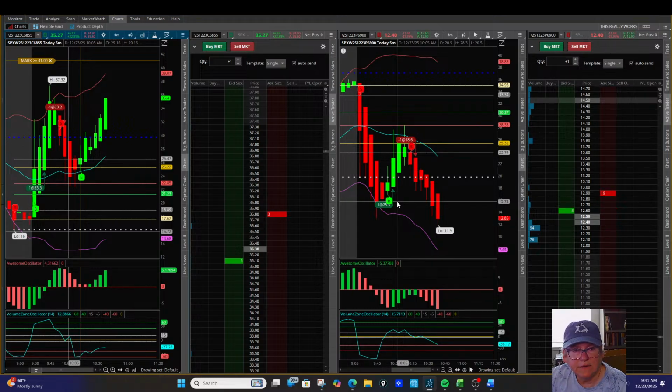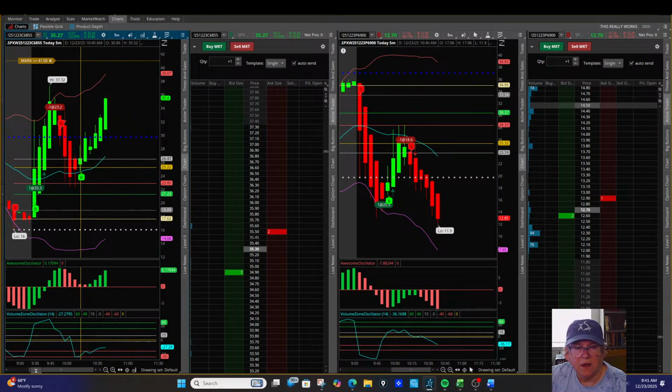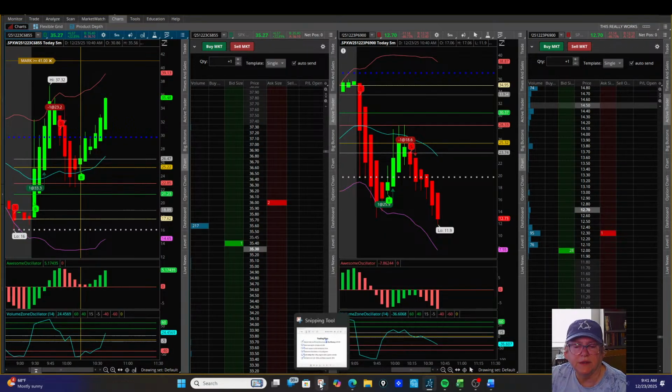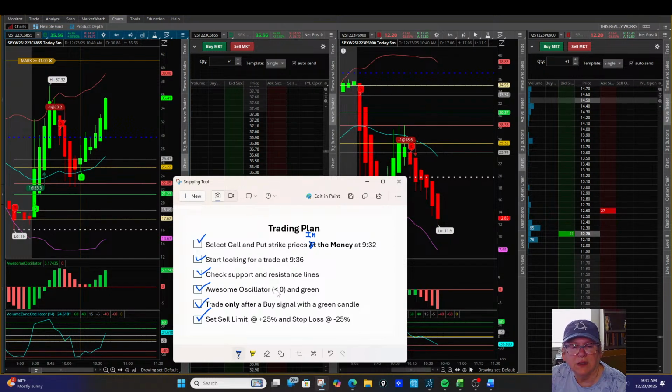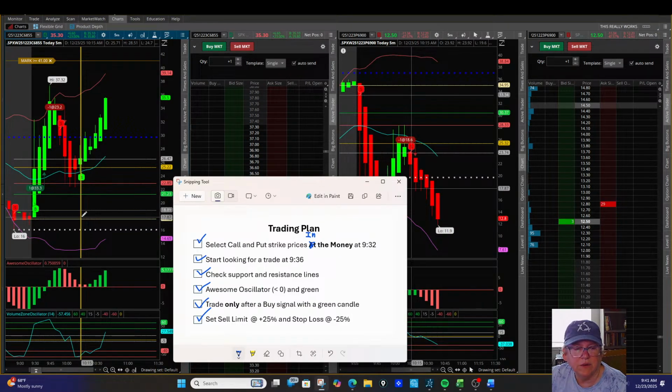So you really have to evaluate. Not every set of rules is perfect. For example, awesome oscillator, less than 0 and green. Well, we found out that it could be above 0 and be red and still be good.